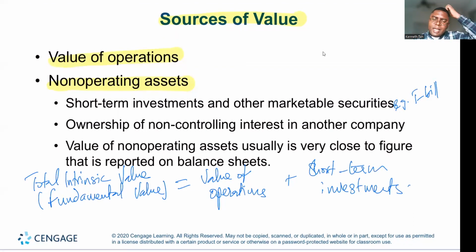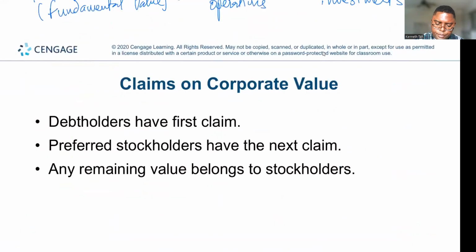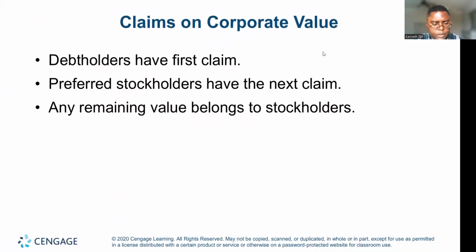Because value can come from operating activity or from short-term investments, or what we call non-operating assets. All right, so if we have sources of value, then we expect that there is a claim on corporate value.